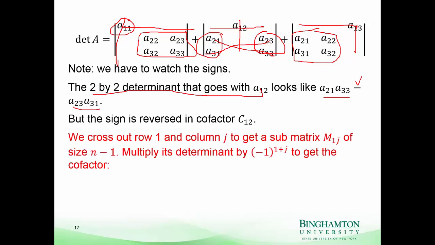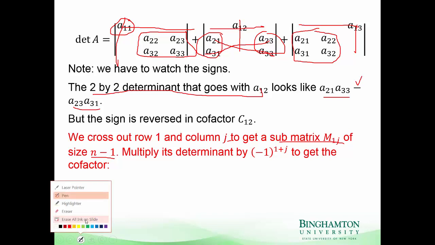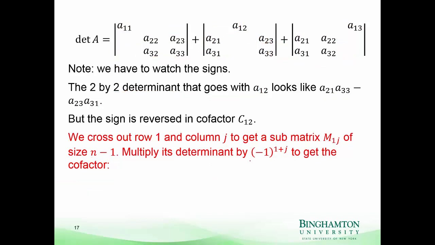So here's the rule. We cross out row 1 and column j to get a submatrix M1j, which will be of size n-1 by n-1. We find its cofactor, which is the determinant of that submatrix, and we have to adjust its sign, and we multiply it by -1 to the 1 plus j. So remember, -1 raised to an odd power will give me a negative sign. -1 raised to an even power will give me a plus sign.